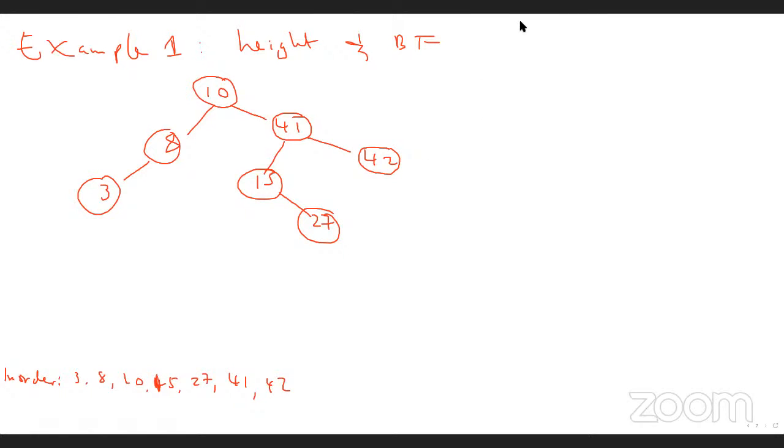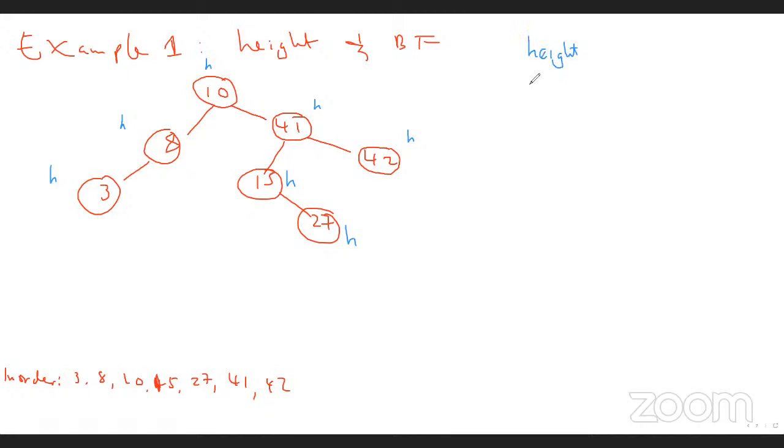So let's try to write these things. I'll take another pen here. I'm just going to do heights first, and then we work from there. So what's the height of 27? Remember what we said height is. What is height? Recall this.